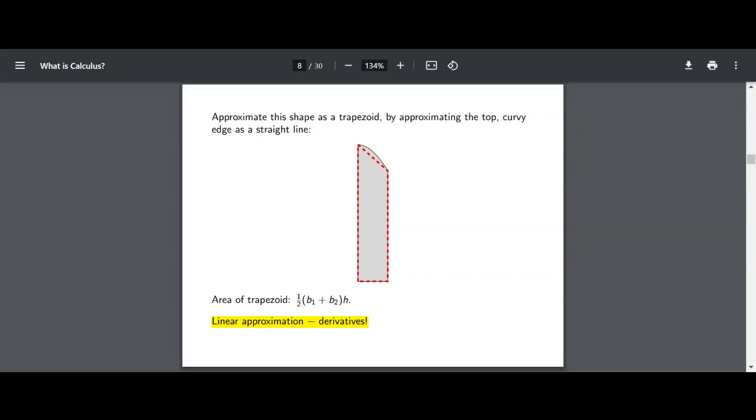So when you learn about derivatives later in your calculus class, the main idea or the main concept that they are embodying is this idea of linear approximation. Okay.